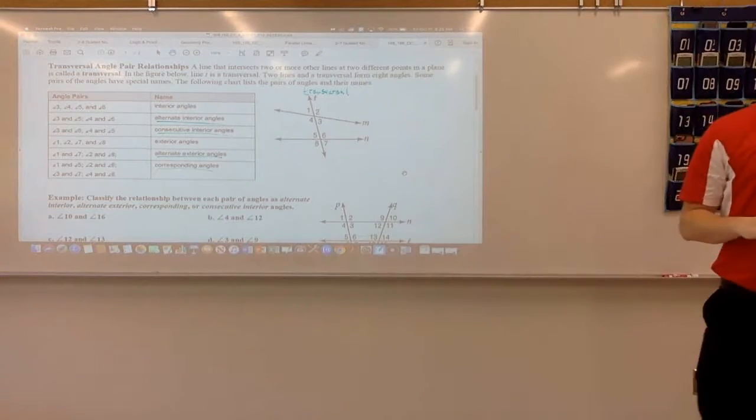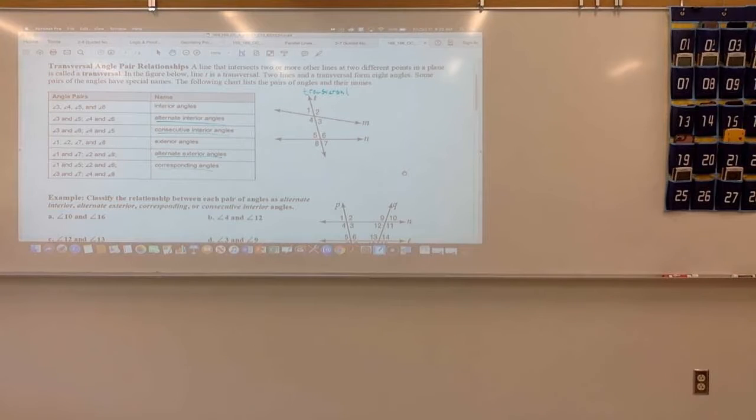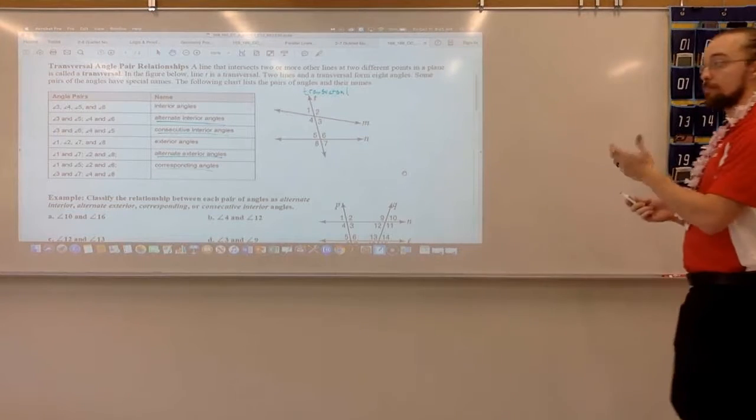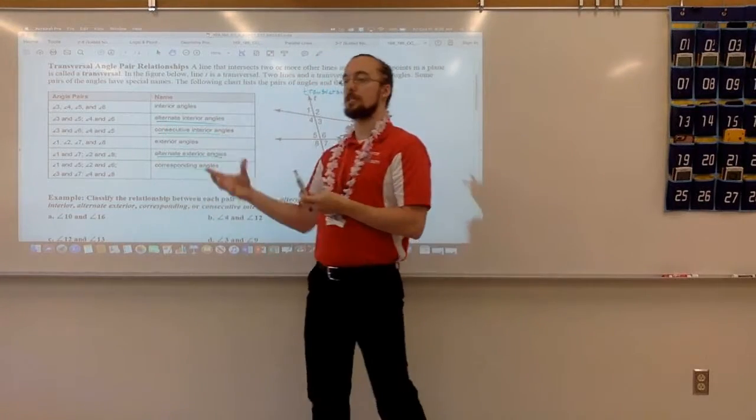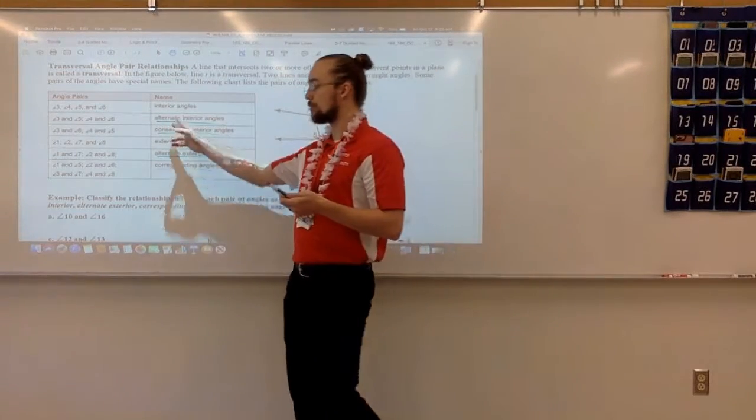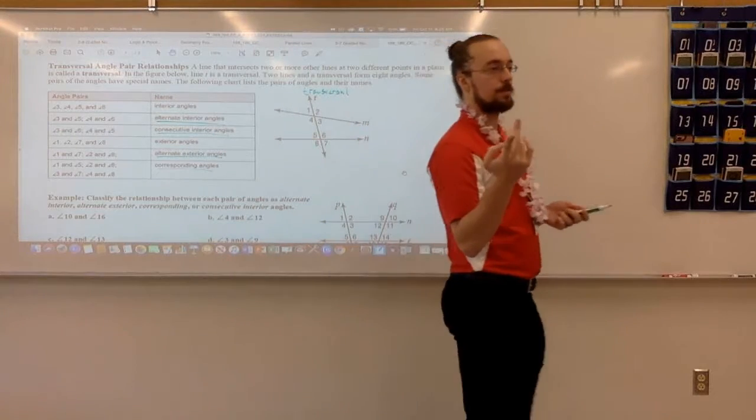So then, yesterday, we started looking at 2 different pairs of interior angles. The first one was alternate interior. Alternate means on opposite sides.